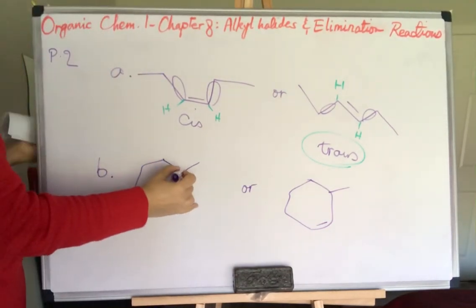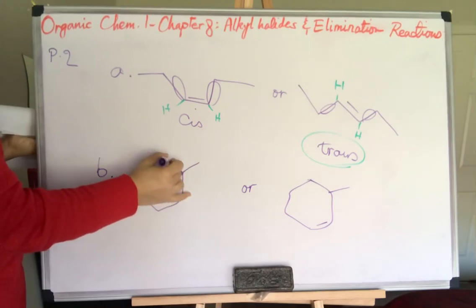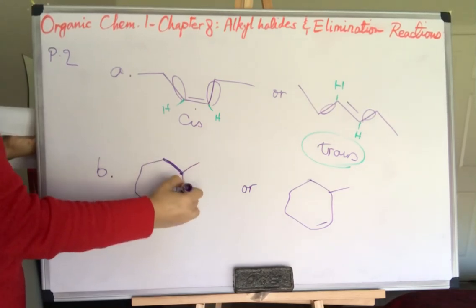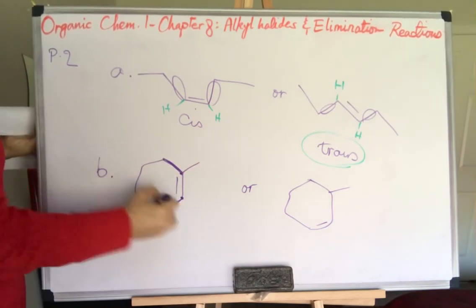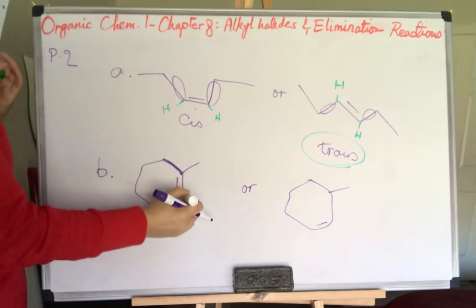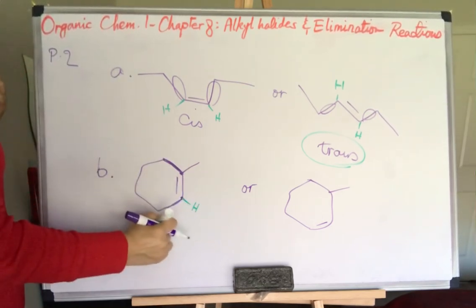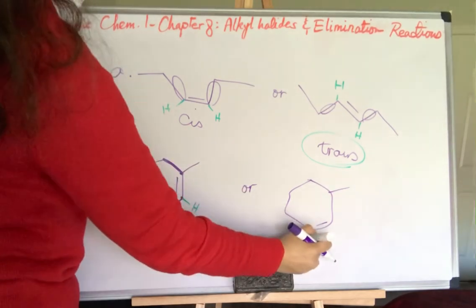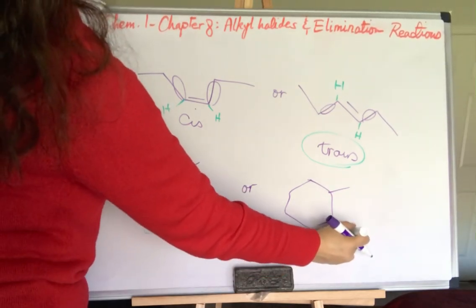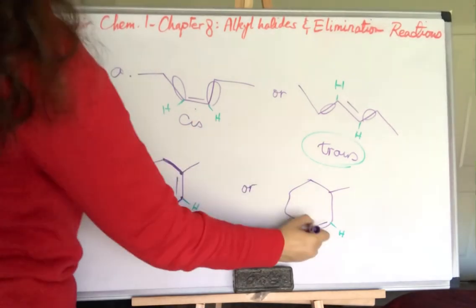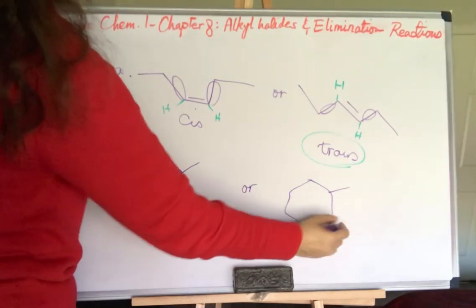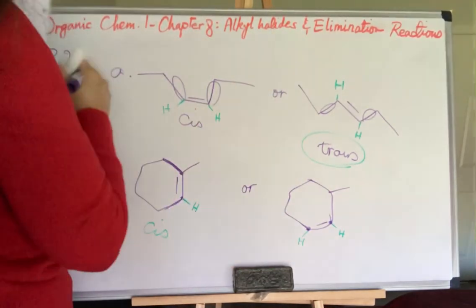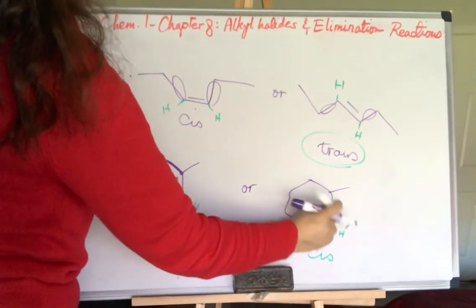You see the two alkyl groups on the same side. So this is cis, and this one we have 2 hydrogens on the same side, so alkyl groups are on the same side as well. Okay, so this is cis also.